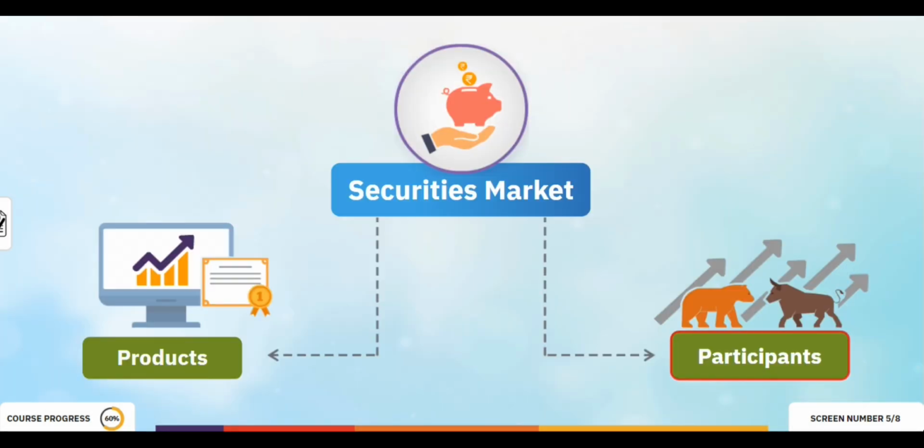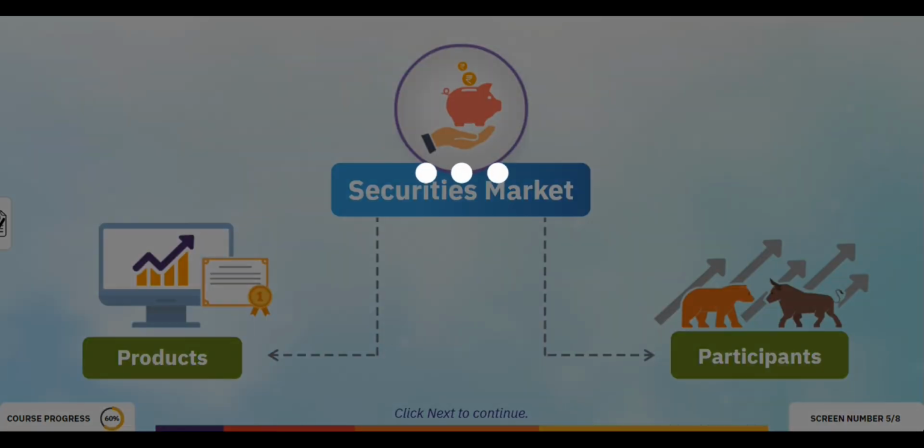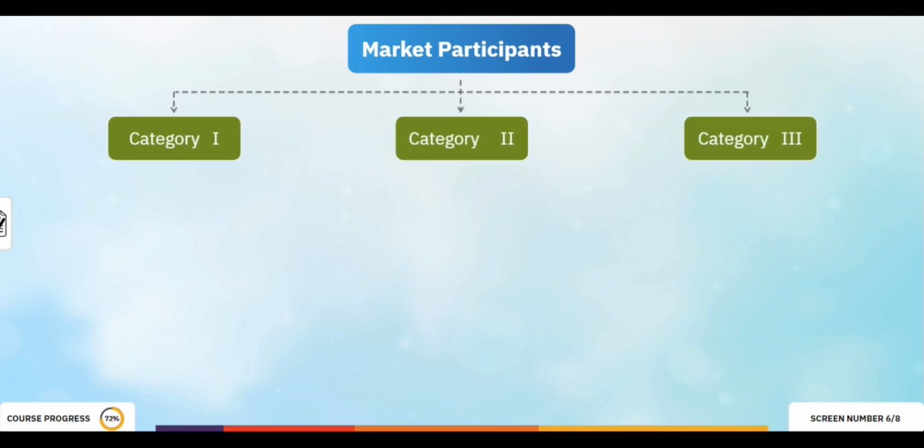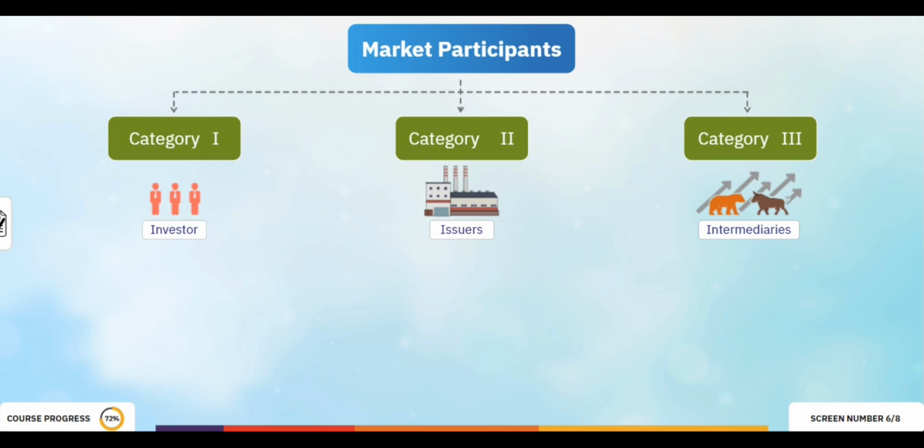Now, let's look at the participants. The securities market has essentially three categories of participants: the investors, the issuers, and the intermediaries.